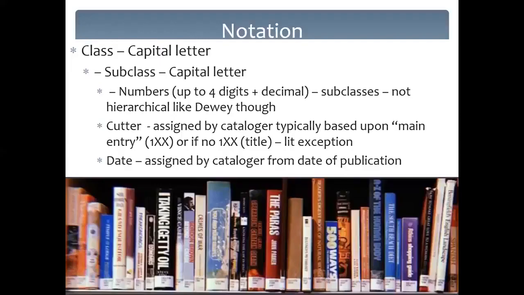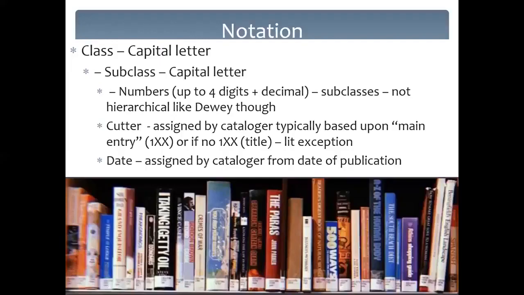So when you cutter, you're typically going to look at that bibliographic record to see what information you have. And if you have an author listed and if you have a 100 field, then we would cutter by the author's last name. If there is no 100 field, no 1XX field, no 111, no 110, then you would look to the title, and we'll do some titles.